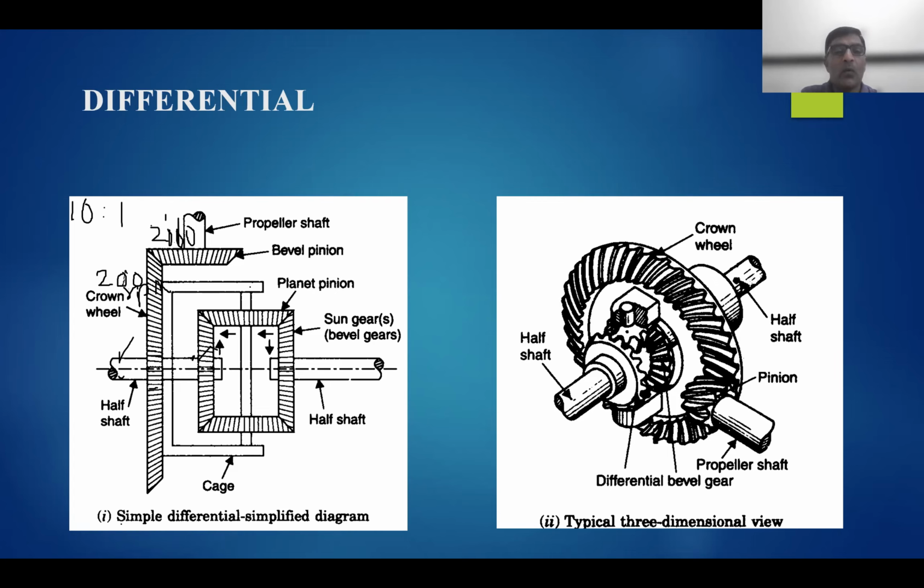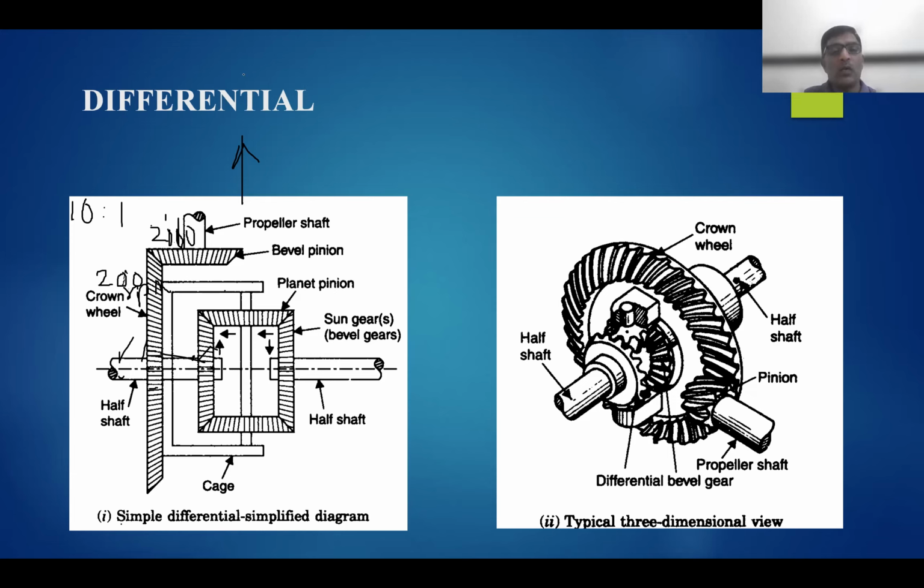And whenever the vehicle is moving in the forward direction, in that case, this crown wheel, cage, planet pinion, and this sun gear are going to rotate as a unit. So this crown wheel, this cage, these planet pinions are not going to rotate about their own axis because the vehicle is moving in a straight direction.